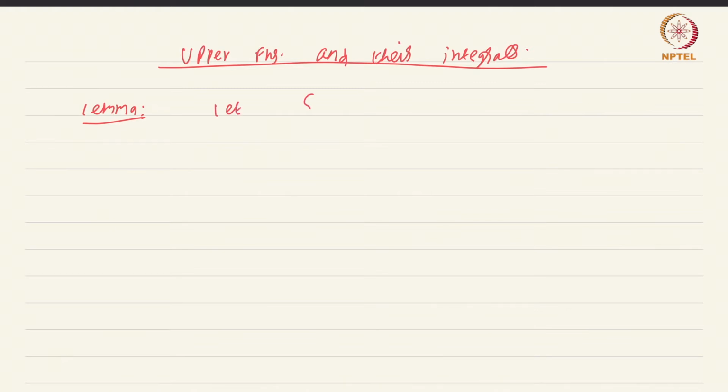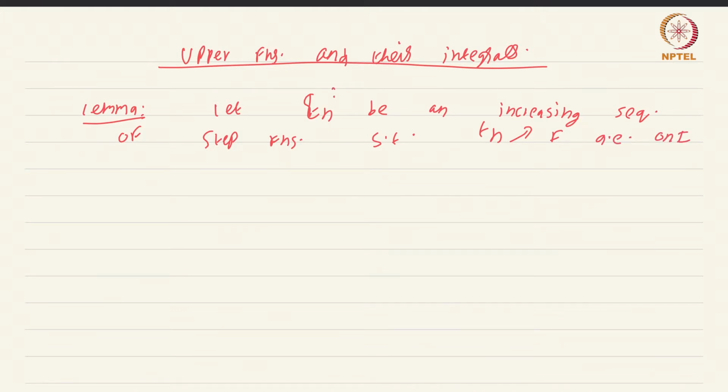Let Tn be an increasing sequence of step functions such that Tn increases to a function f almost everywhere on the interval I. So these Tn's are from I to R. Further assume that the integral of Tn over I converges.